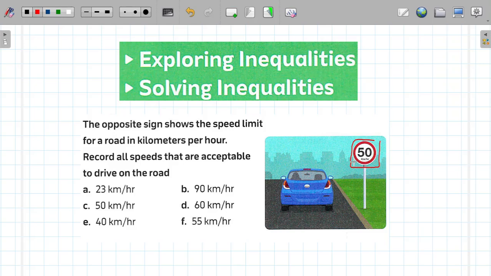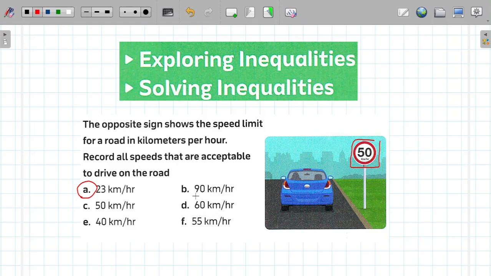Okay, so I have many choices and I want to find which speed is acceptable to drive on the road. The first one here is 23 kilometers per hour. Is that acceptable? Yes, because it's less than 50. So the first one here is acceptable.